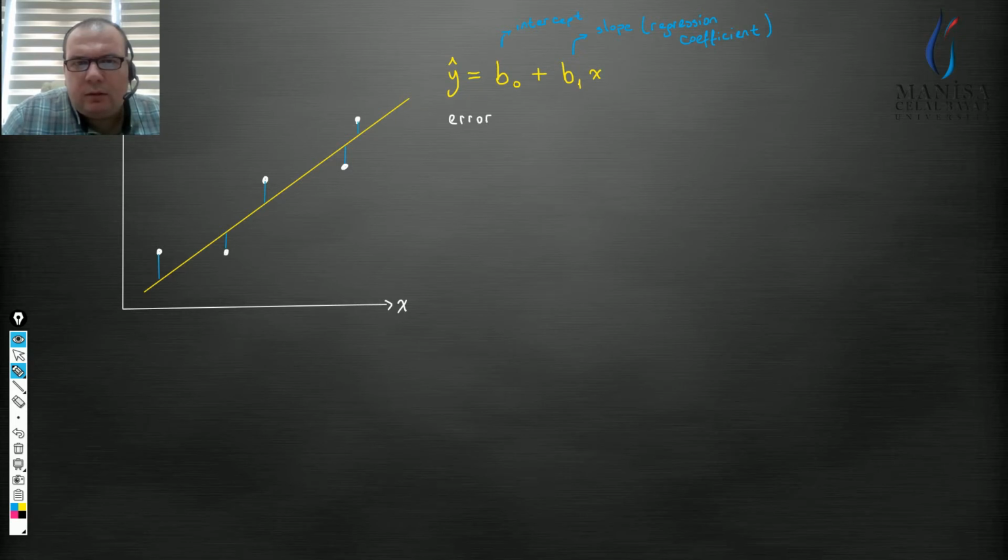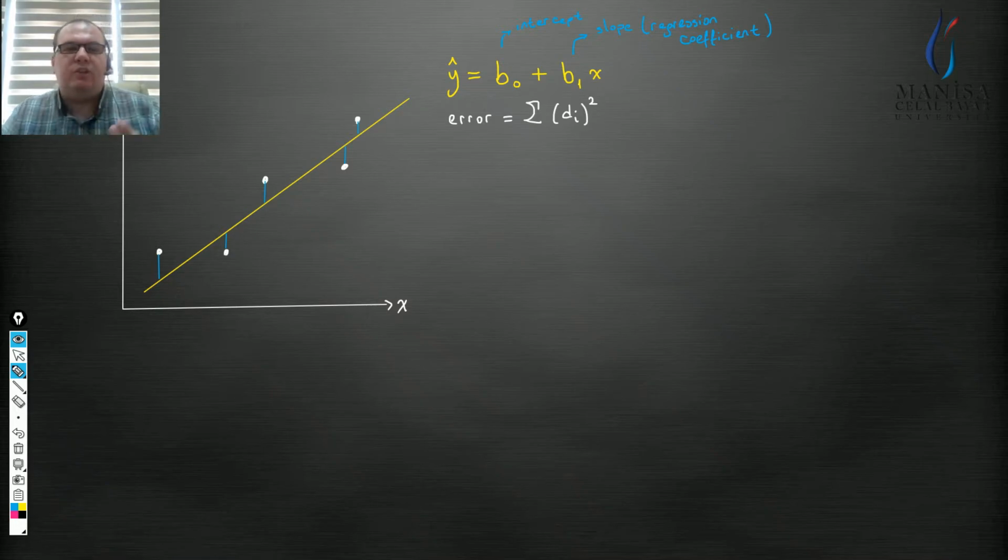I'm going to write error equals the sum of the residuals, but be careful: before we take the sum, we are going to take the square of these residuals to get rid of their sign.